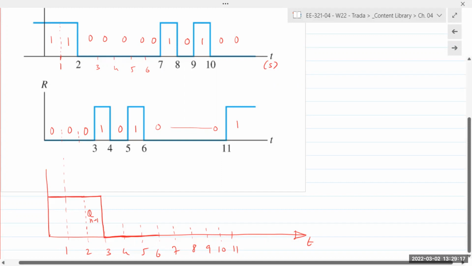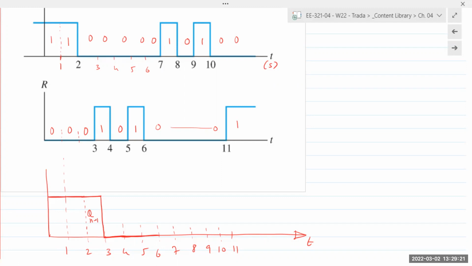Does it only apply for this case with the flip-flop, like Qn minus 1, Qn plus 1?